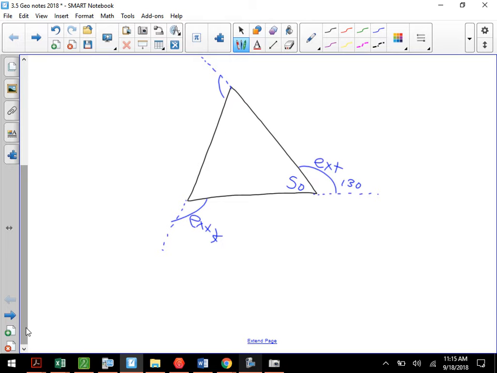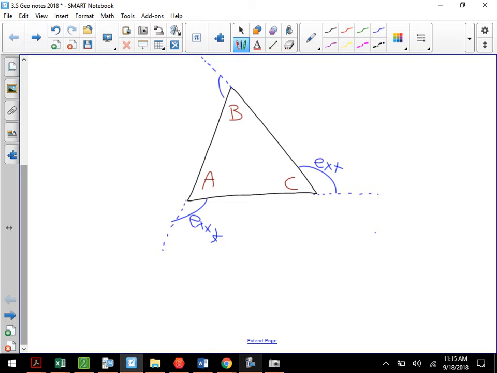One of the things that we've kind of talked about, but I don't think we've ever really shown: if I do this, and if I label my three angles as A, B, and C, what do those three angles on the inside have to add to? 180.